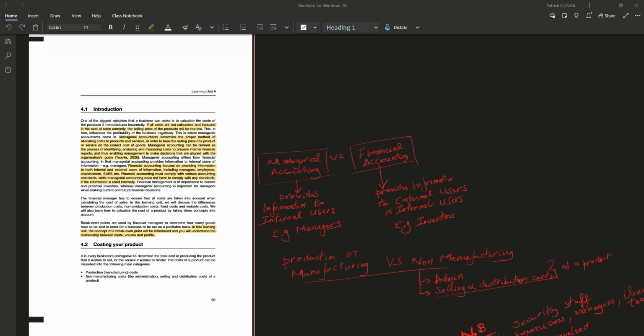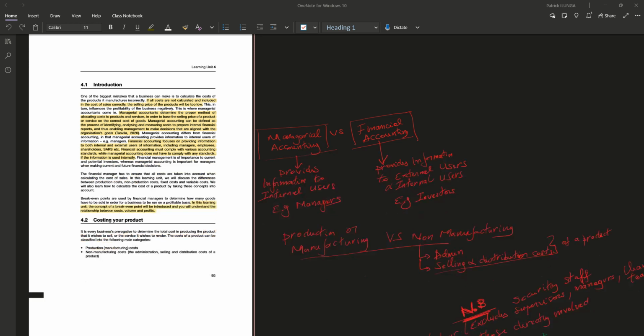Managers definitely will be the primary users of that information. Financial accounting provides information to both internal and external users, especially investors. So the financial manager has to ensure that all costs are taken into account when calculating the cost of sales.